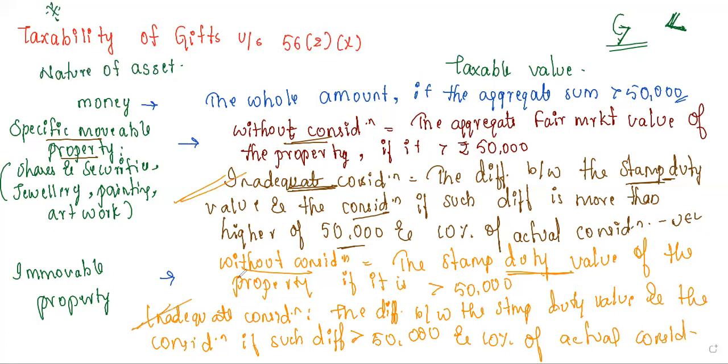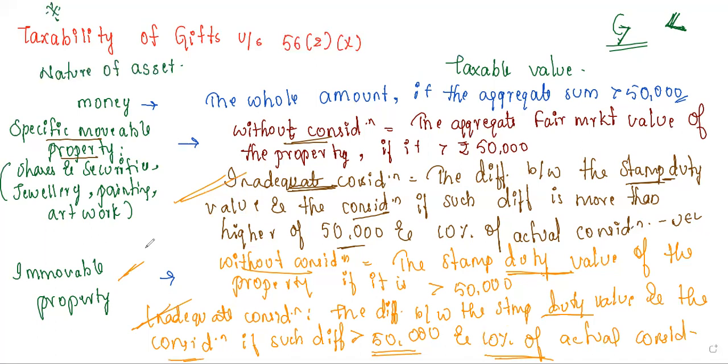It is the same as the earlier point. Here also you take your stamp duty value and your consideration. The difference between them has to cross 50,000 and more. If it crosses 50,000 and more, for that amount you take 10% of your actual consideration. So of these two, whichever is lesser, you consider that as the taxable amount for an immovable property. Any doubts in this?